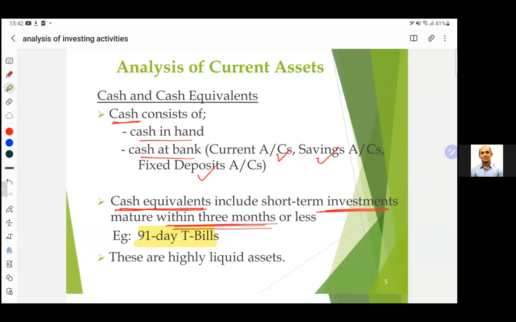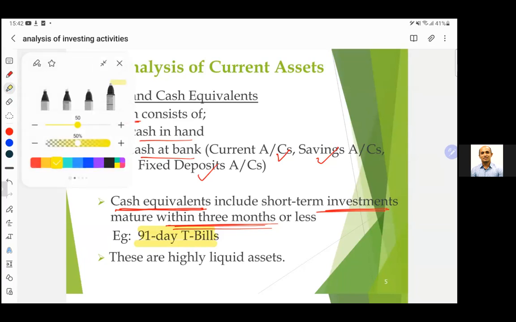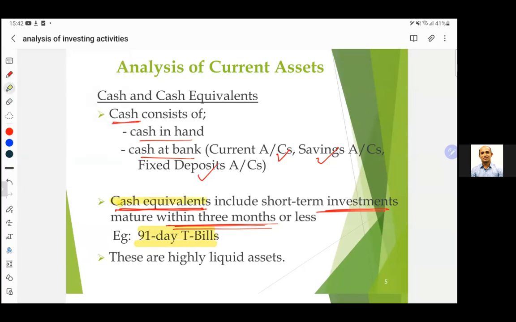Now here you have to be very careful, because there are situations, practically, where some of your cash equivalents are not ready to pay your day-to-day expenses.